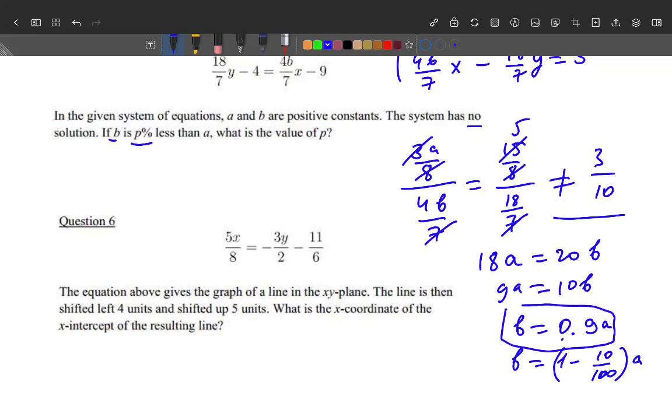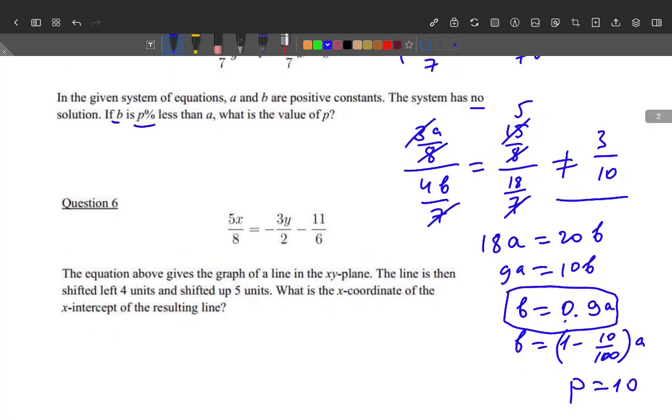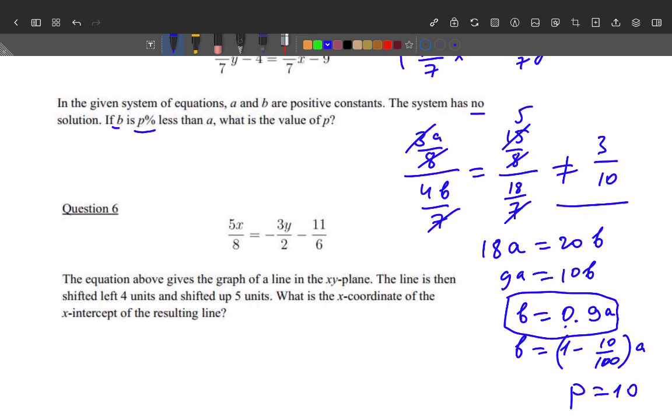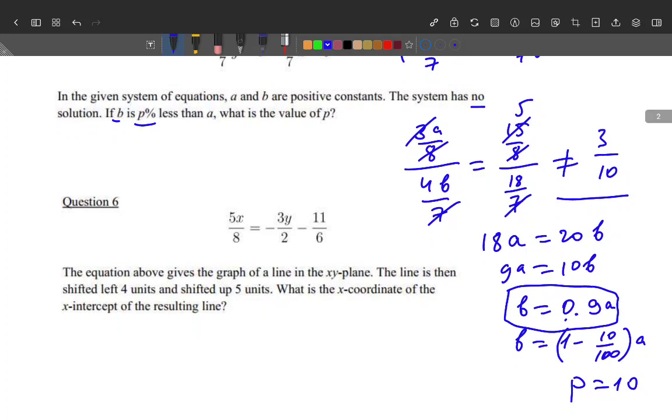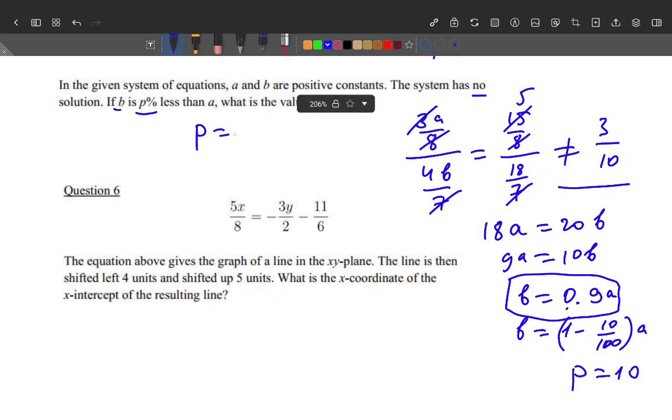This expression means like this. Because of this, our p is 10. b is 10% less than a. Okay, we solved it. Answer is p is 10.